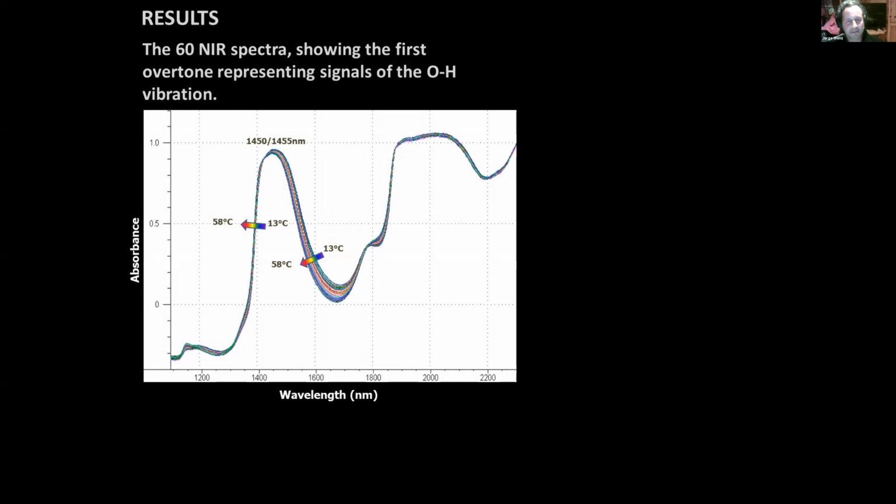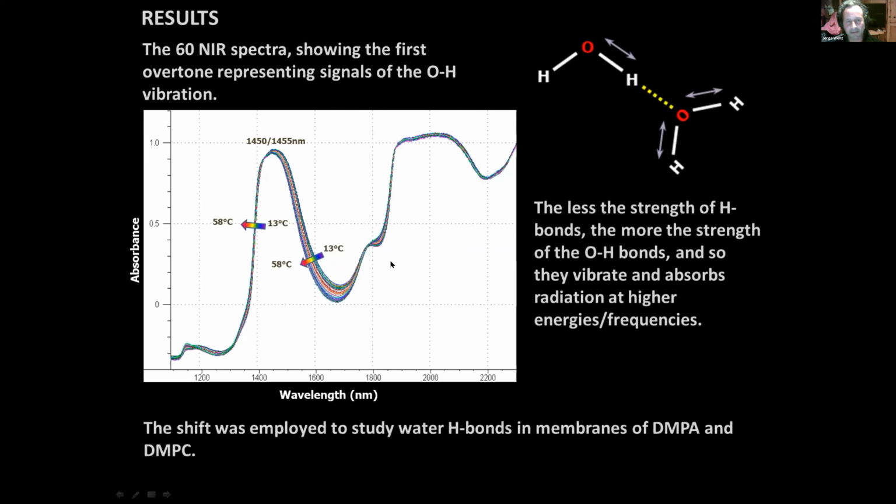And quickly, this is the result we found. These are the 60 spectra obtained from the liposomes at changing temperature and at varying concentrations of 2 lipids. What we are trying to measure here is how the polar heads of the lipid affect the water that is close to the polar head, what Di Salvo said about the interfacial water.